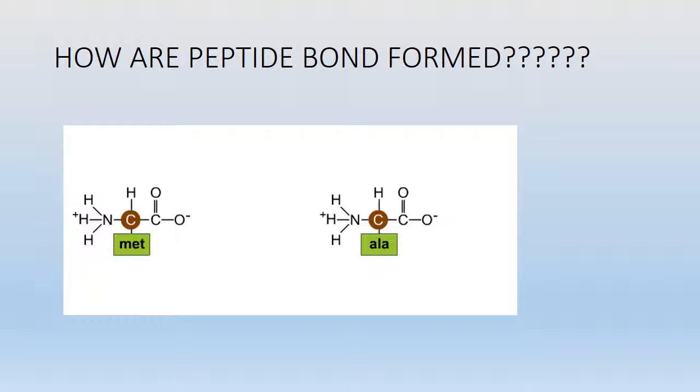Now friends, the methionine written over here means that the R group in the basic general structure of the amino acid is methionine, and alanine is also in the basic general amino acid structure. Alanine written on the left hand side means that the R group in the general amino acid structure is alanine.